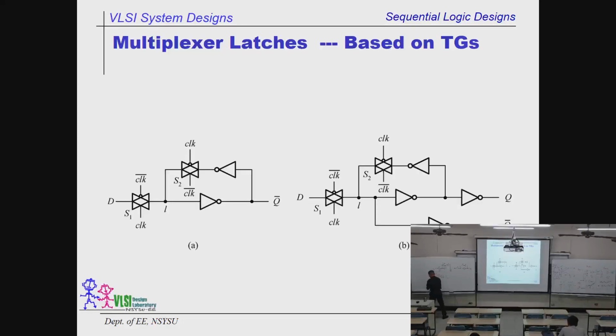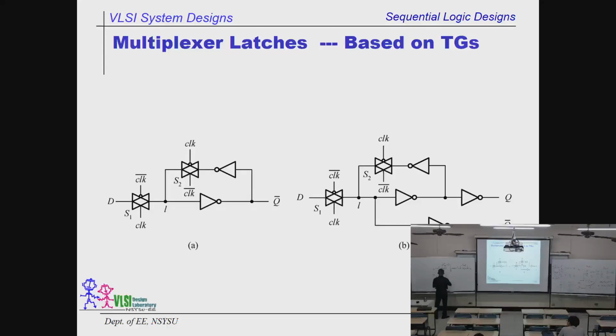Now this is going to be lovely. Watch out. This one is controlled by clock. This is clock bar. If you now cascade these two stages together, make it short circuit together.